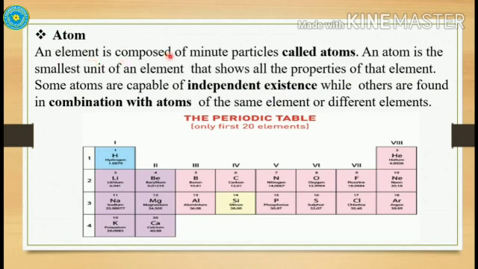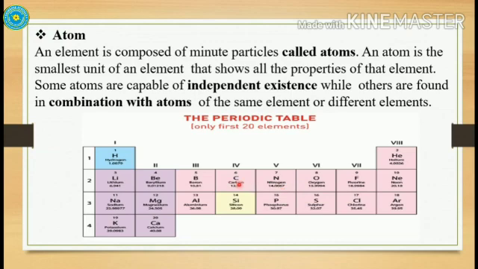An element is composed of minute particles called atoms. An atom is the smallest unit of an element that shows all the properties of that element. For example, in this periodic table, all the elements are made up of their own atoms, and the atoms present in each element show all the properties of that element.